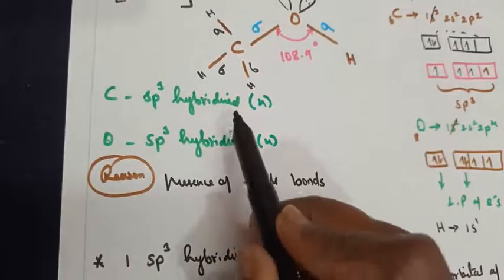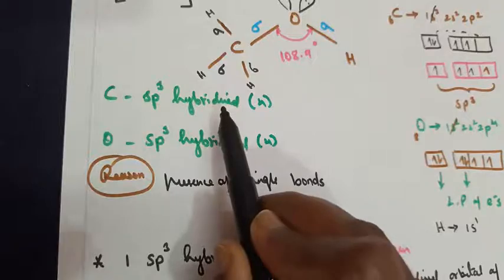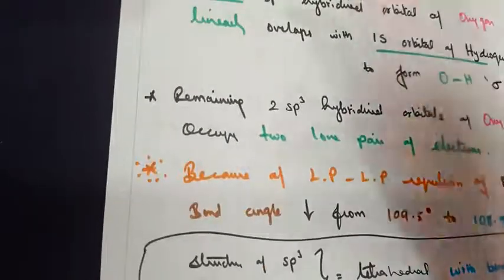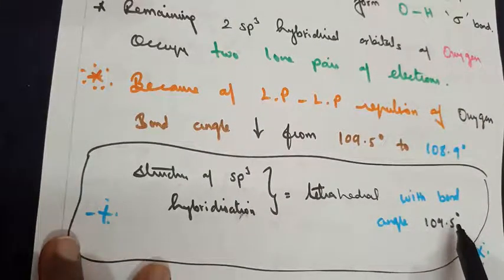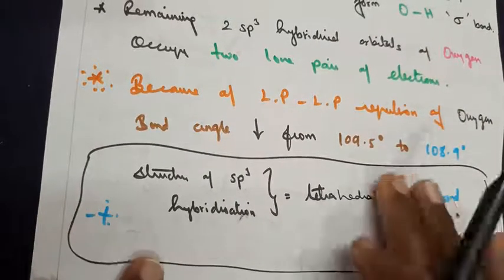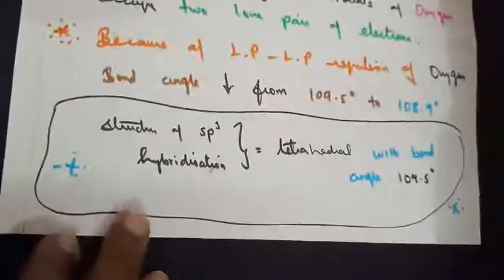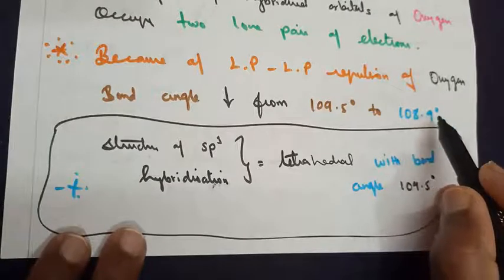As you learnt in your standard 11, if any compound undergoes sp3 hybridization, the structure of it is tetrahedral. For a tetrahedral, the bond angle is 109.5 degrees. Though carbon and oxygen undergo sp3 hybridization, the bond angle is found to be only 108.9 degrees.